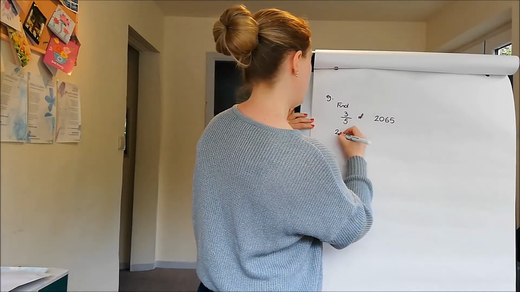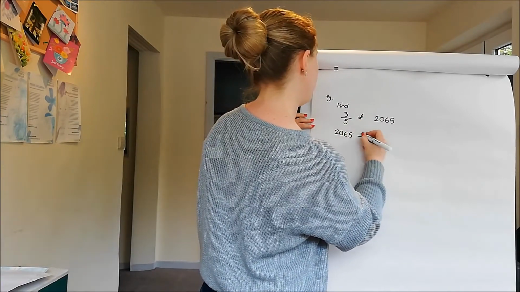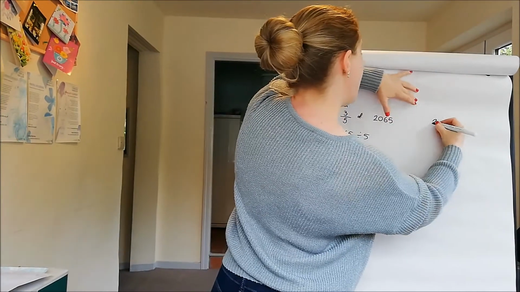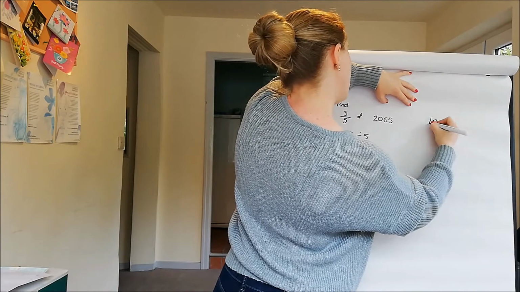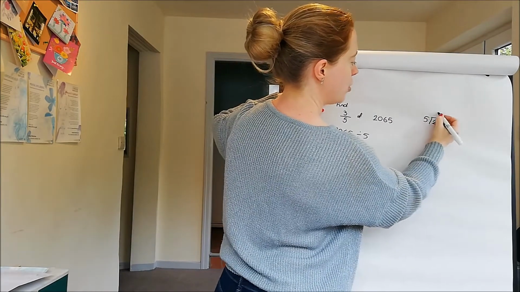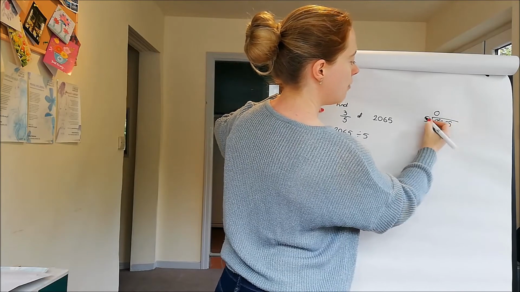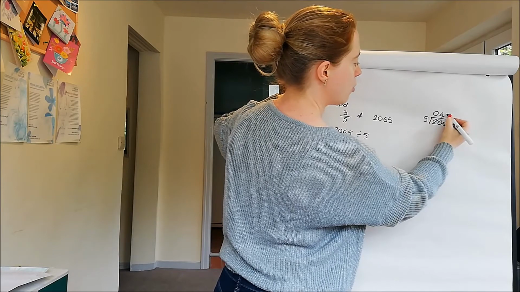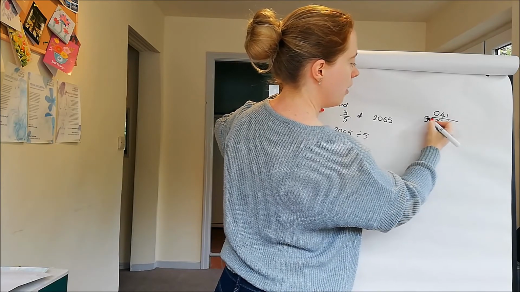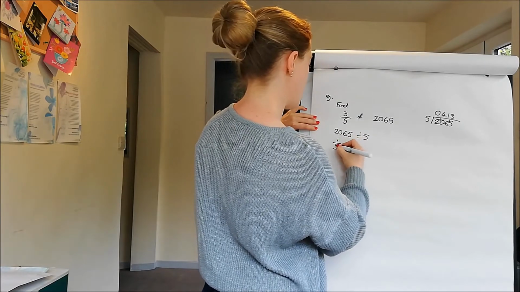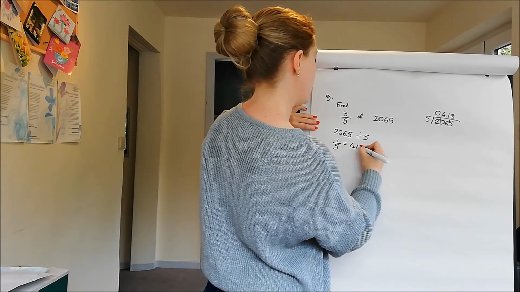Well, 2065 divided by 5 will give us 1/5, but I don't know what that is in my head. So I'll do the divide part off to one side. 5s into 2 doesn't go. 5s into 20 goes 4 times. 5s into 6 goes once, remains a 1. And 5s into 15 goes 3. So that 1/5 equals 413.